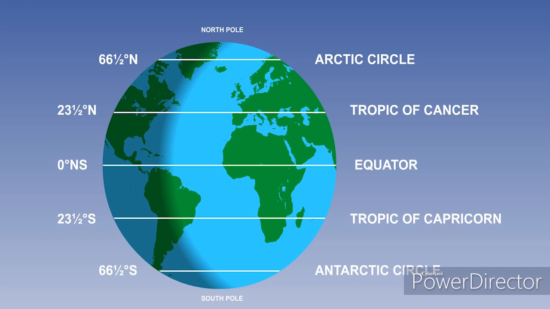We can determine the chelat from one to another. For example, from the equator to the Tropic of Capricorn, we can see that the chelat is 23.5 degrees in a southerly direction. From the Tropic of Capricorn to the Antarctic Circle, the chelat is another 43 degrees, still heading south.